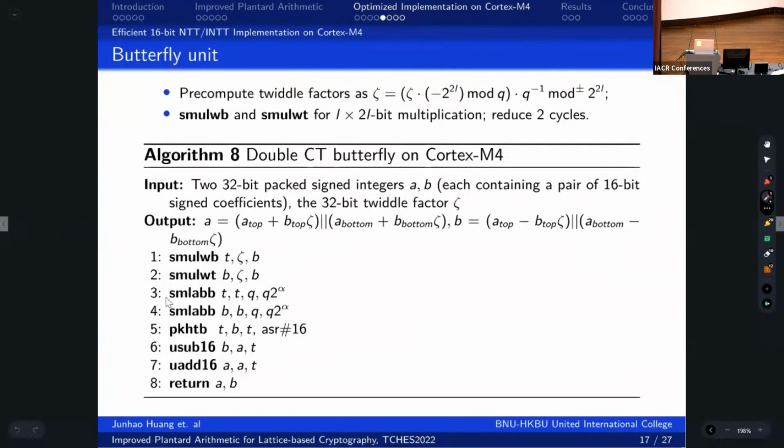And in summary, we can implement the true modular multiplication by the twiddle factors in 4 cycles, in 4 instructions. So compared to the Montgomery-based implementations, we can save 2 cycles for 2 CT butterflies, namely saving 1 cycle for each butterfly unit.